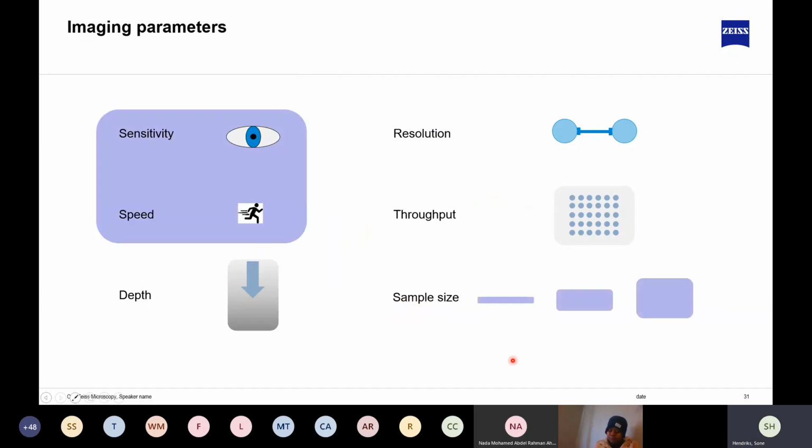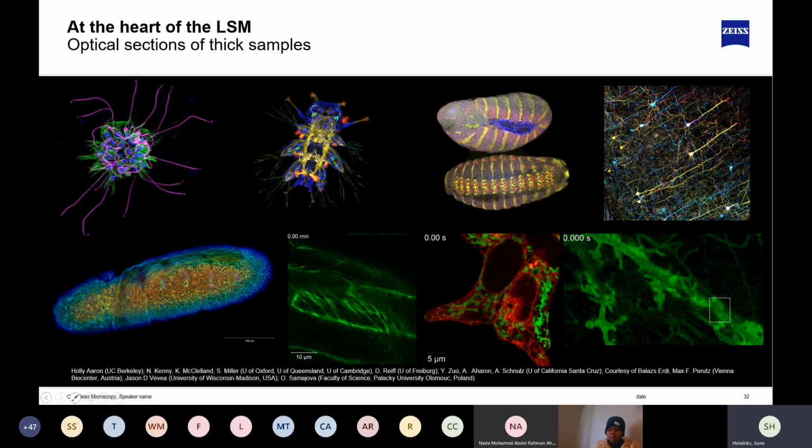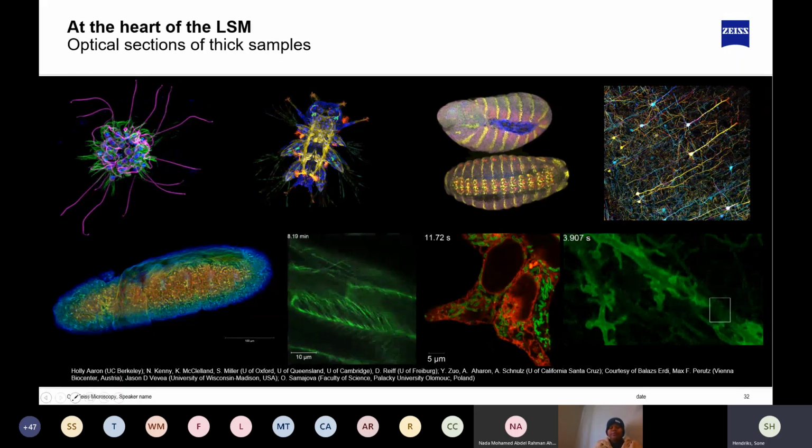So let's say you want to look at a little bit more of a versatile system. This is when you want to use a confocal microscope. Okay, this parameter combination will strongly support the use of confocal microscopy, which is one of the most versatile imaging platforms available.